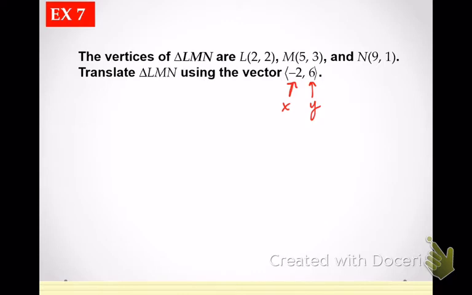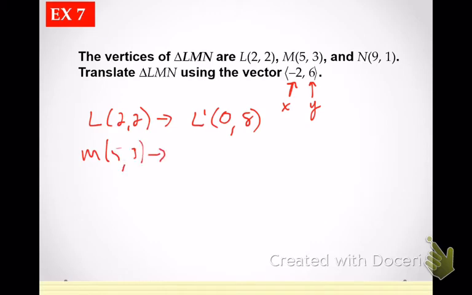So what would that look like? Well, if L is (2, 2), then L prime would be, subtract 2, you get 0. Add 6 to 2, you get 8. M is (5, 3).